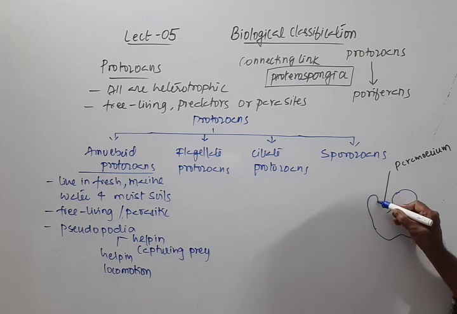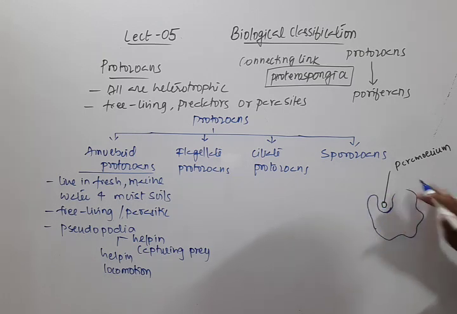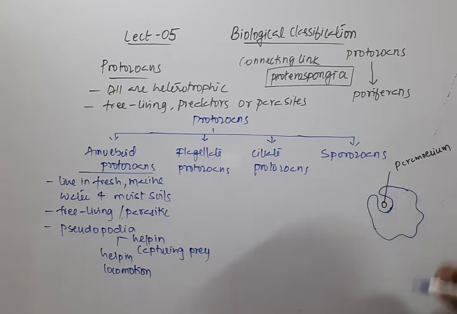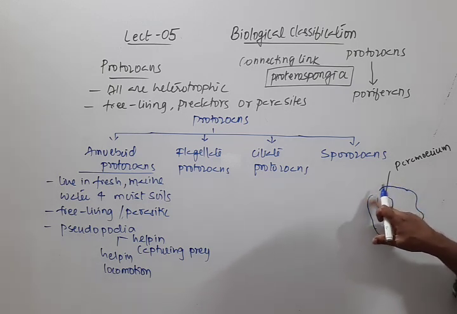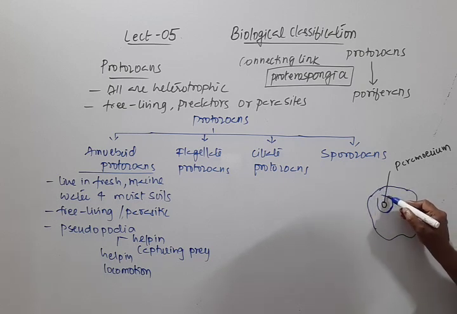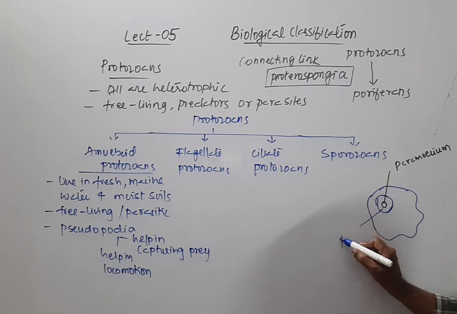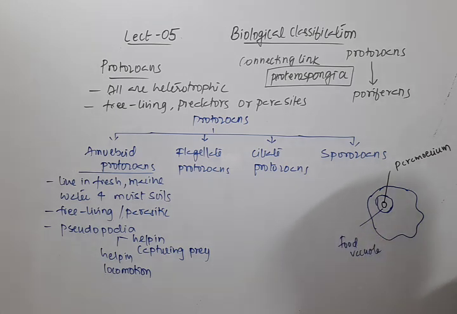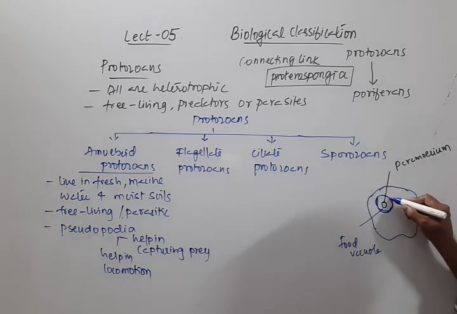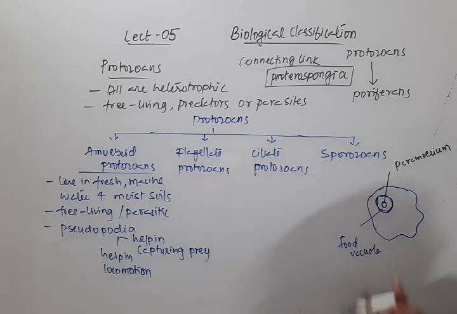Okay, and then you can see the pseudopodia will be moving all around the paramecium, and finally they merge, and this results in the formation of a food vacuole. Digestive enzymes from lysosomes will be poured into this food vacuole, and the digestion of the paramecium takes place inside.